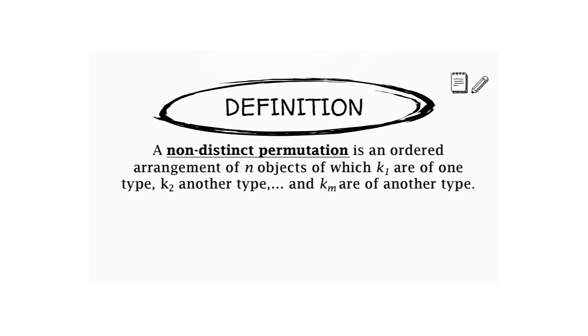A non-distinct permutation is an ordered arrangement of n objects, of which K1 are of one type, K2 are of another type, and so on, all the way up to, say, Km. If you want to figure out the number of arrangements possible for a non-distinct permutation, all you do is you take n factorial and divide out by K1 factorial for all of the ones that are of type 1, and K2 factorial for all the ones that are of type 2, and K3 if there's a third type.